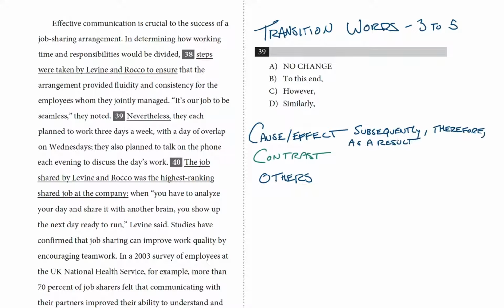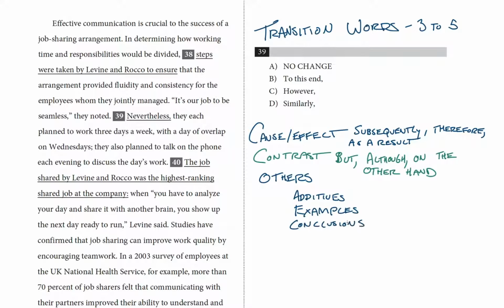Contrast transitions, same deal. They show contrasts between two sentences. I mentioned "however" earlier in the video, and this list includes "however," as well as words and phrases like "but," "although," and "on the other hand." The others bucket is a miscellaneous category that includes addition words like "and," "also," and "furthermore," example transitions like "for instance" or "for example," and conclusive transitions like "overall," "ultimately," or "in conclusion."